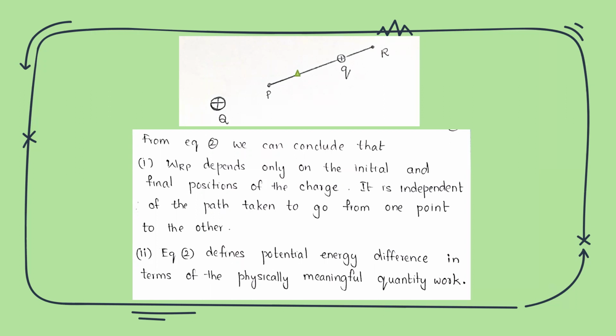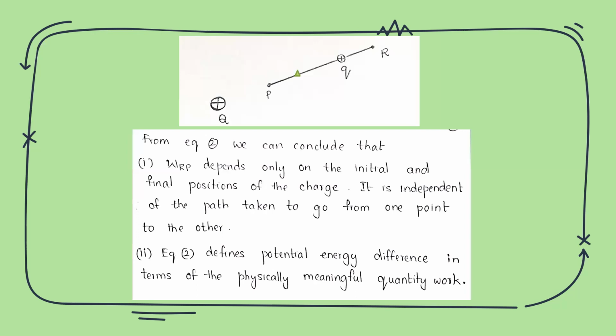It depends only on the initial point R and the final point P. You need not go in a straight line, you can take a curved path from R to P. Whatever path you take, work done does not depend on it. It depends only on the initial position and the final position.